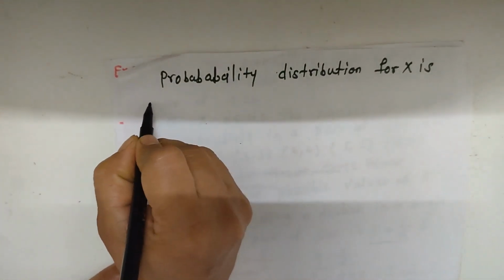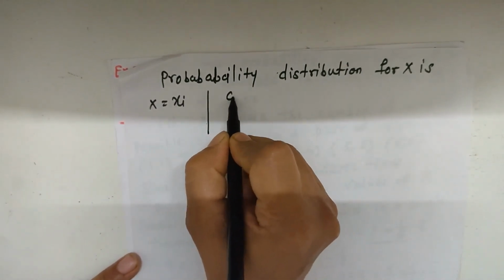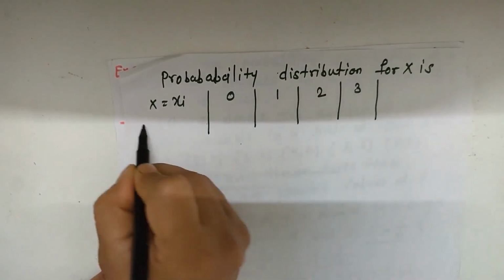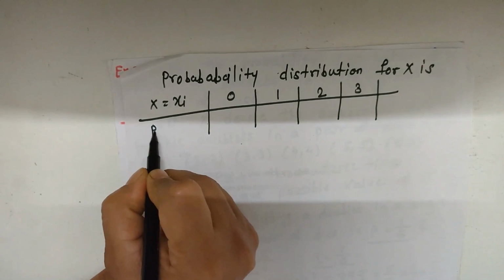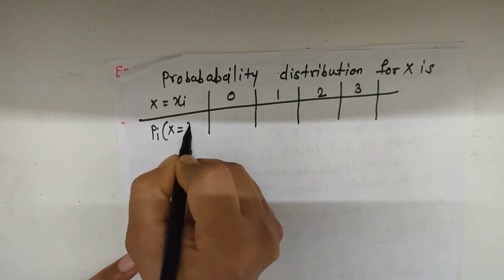The first column is x equal to xi, with possible values 0, 1, 2 and 3, and the second is the probability of x equal to xi.